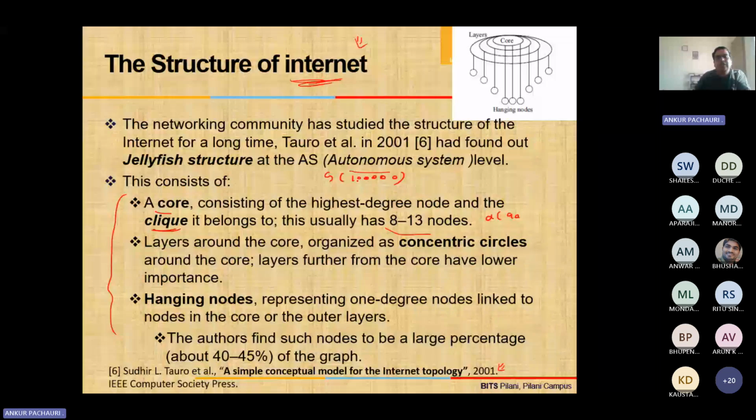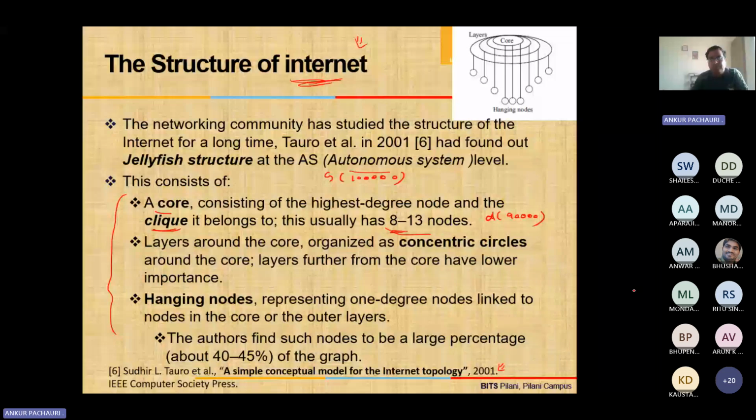Units, tens, 100, 1,000, 10,000. So 90,000 degree. There were only 10 to 15 nodes having a degree of 90,000.